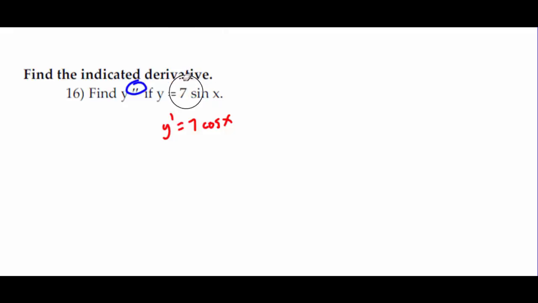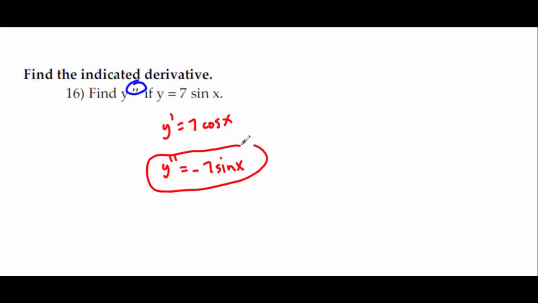And that's not happening here. So that 7 just gets carried in front. That's very different than when there's a 7 on the inside right here, because that kind of 7 gives us a chain rule that we would have to do. To find the second derivative, I'm going to take the derivative of 7 cosine x. The derivative of cosine is negative sine, so this is going to be negative 7 sine x. And that's my answer.